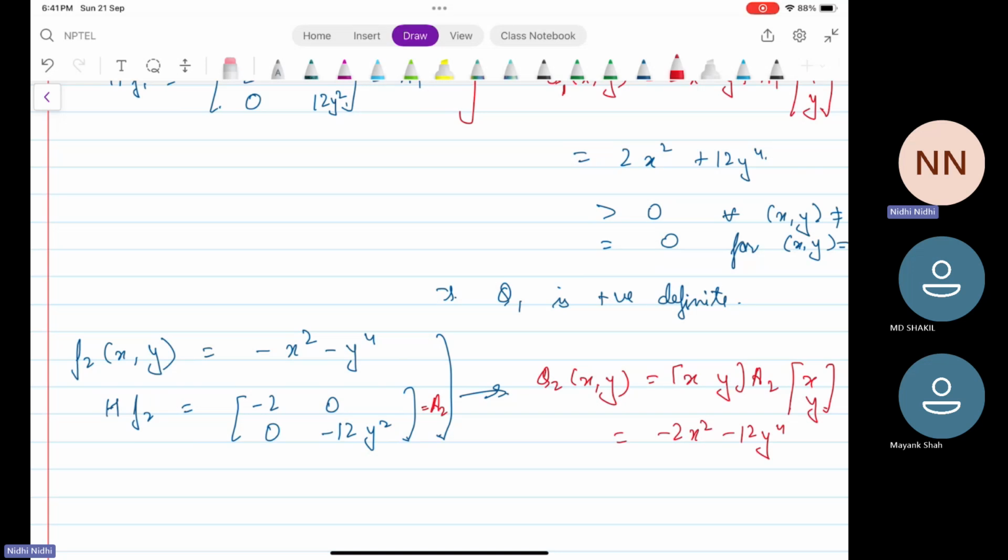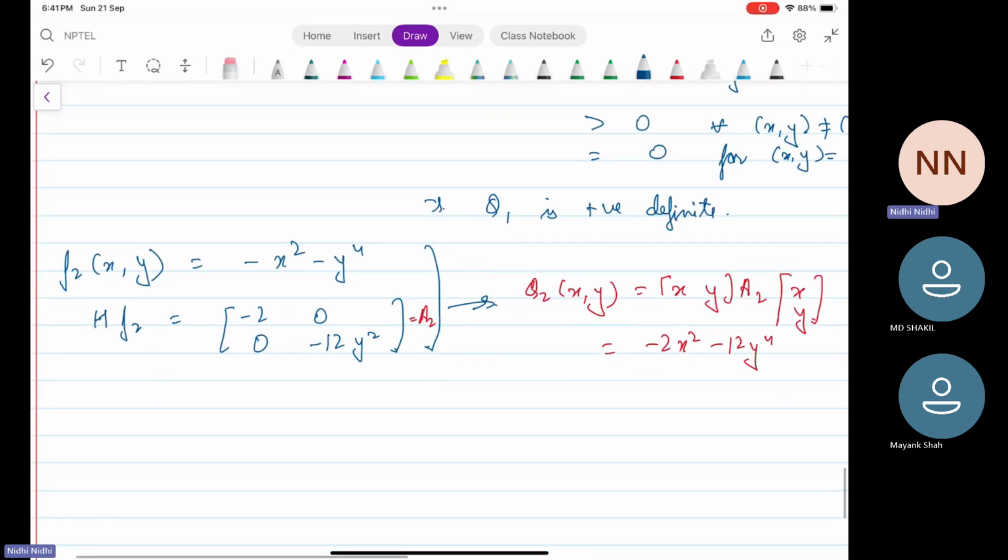In this case, the quadratic form is negative definite. Q2 is negative definite, and hence the critical point (0, 0) is a local maximum.